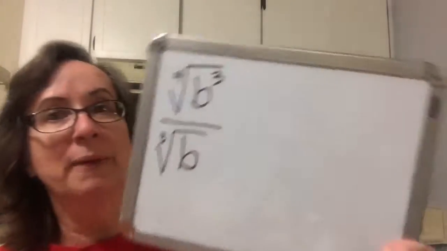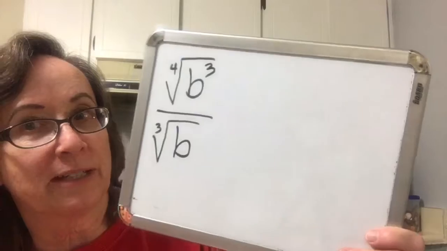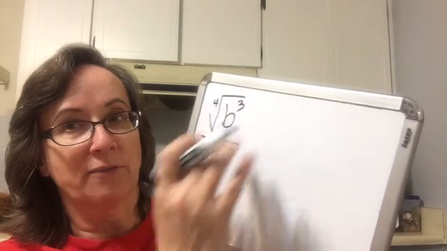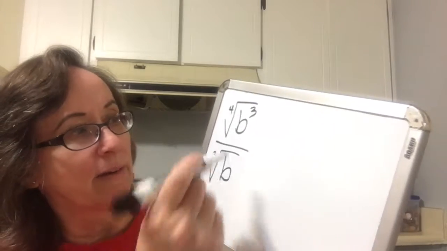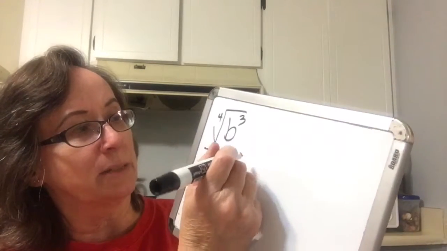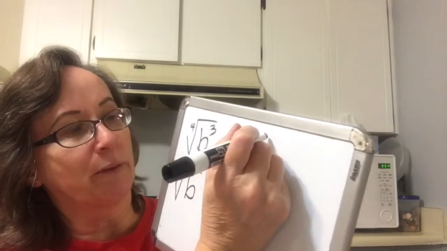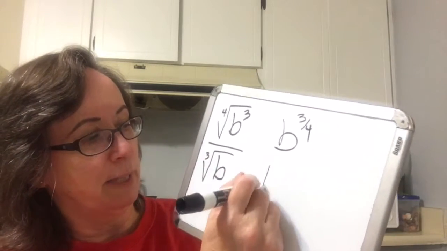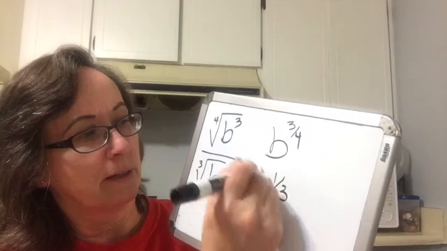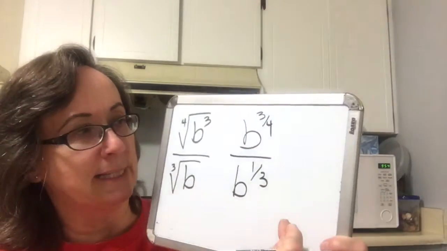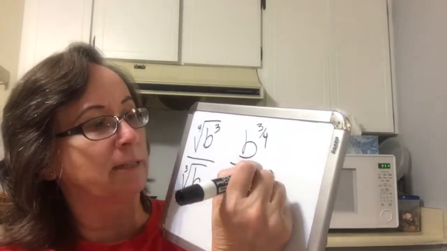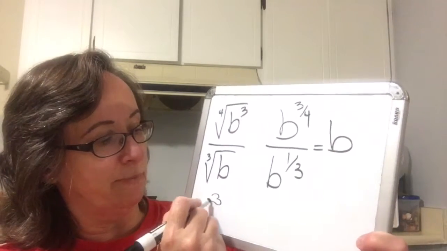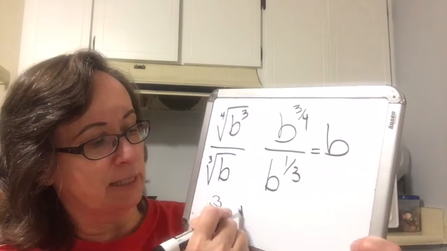Again, we must take into consideration that we have a difference of 2 indices. All right, so I'm going to change this one to b to the 3/4. Change this one to b to the 1/3. I know when I divide like bases, I subtract their exponents, and I will get b to, what is 3/4 minus 1/3?